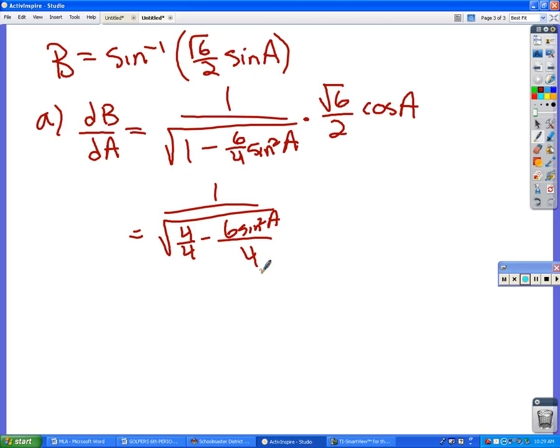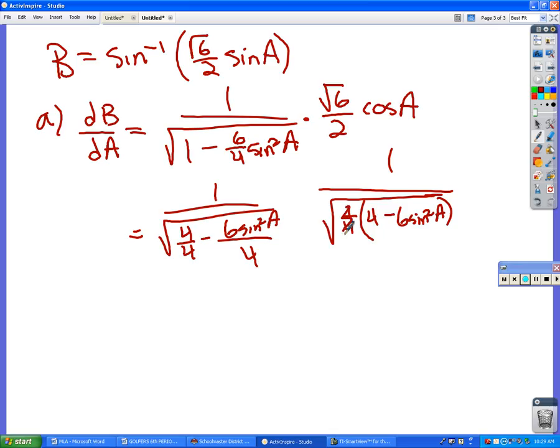All right. So then if I factor, I'm just going to do the square root part for right now. So if I factor out a 1/4 from that, then that leaves me with 4 minus 6 sine squared of A underneath the square root. And the square root of 1/4 is 1/2.